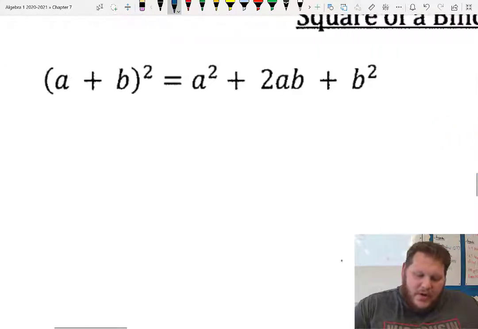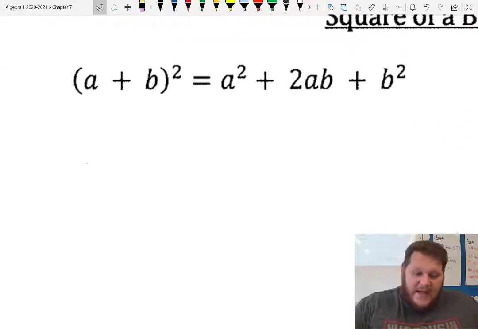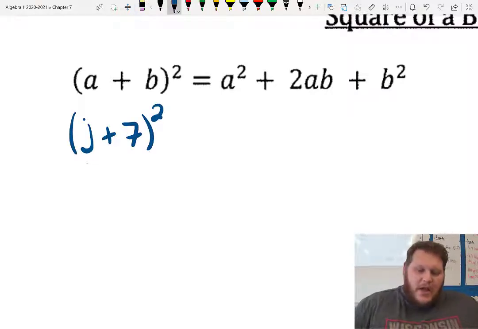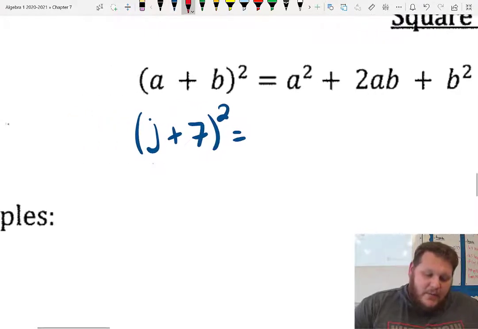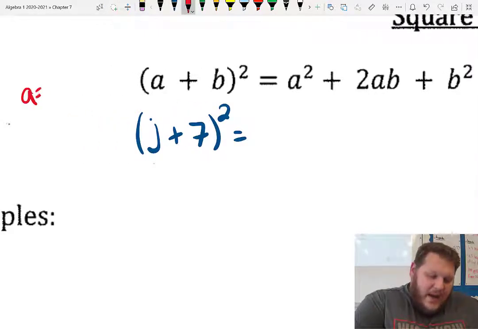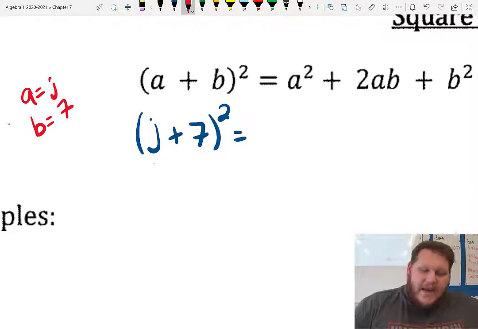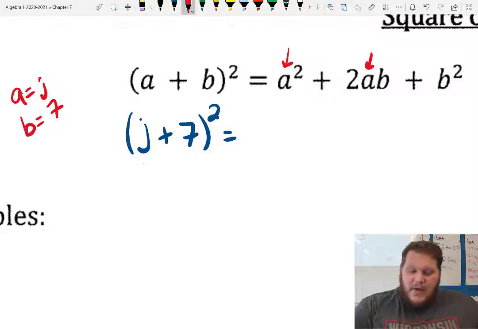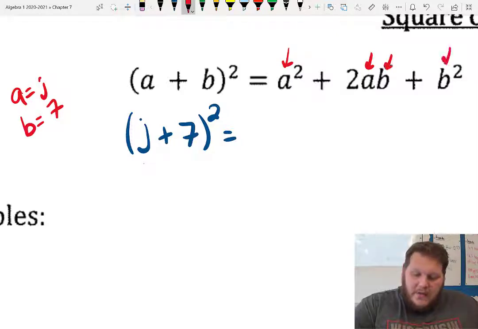If we flip over and do an addition one, I like to change up the variables, so let's do j plus 7 squared. If you need to write this down, you can. Some people prefer that. My a value is j, and my b would be 7 in this case. So on this right side of my equation, I'm going to replace all of my a's with j's and all of my b's with 7s.